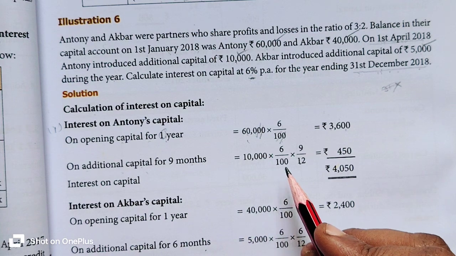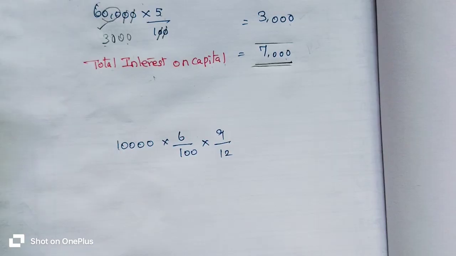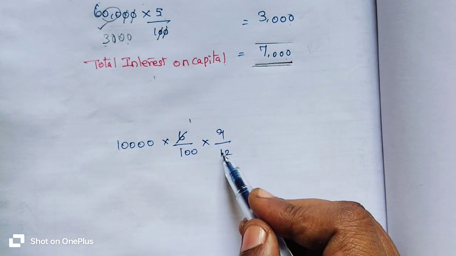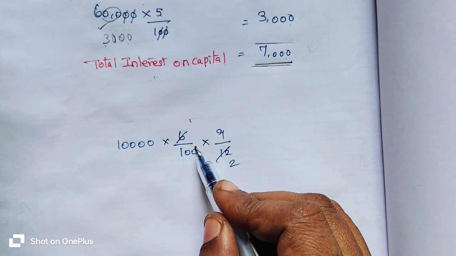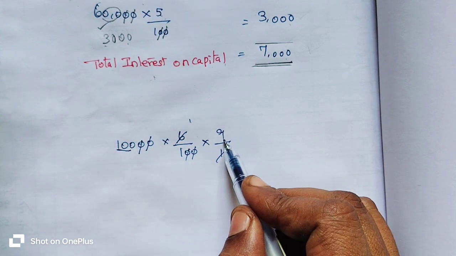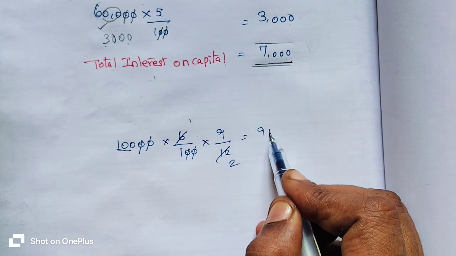Now we are going to cancel it. 6 2s are 12, this 20 is to be cancelled here. Remaining 100 into 9, how much? 900 rupees.